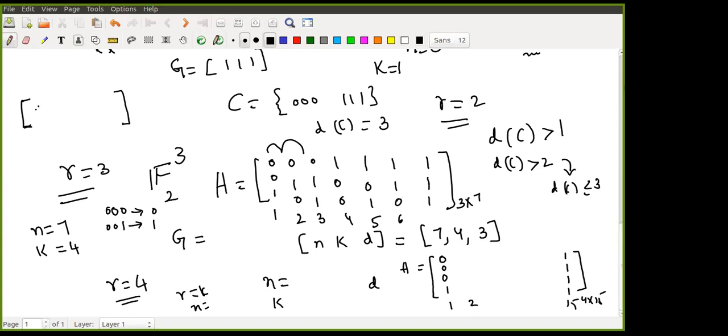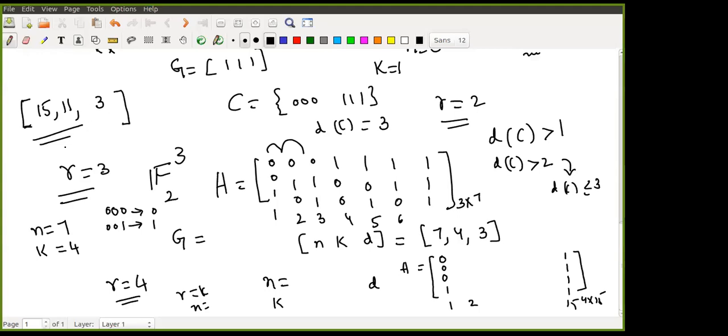And k is 11. Okay, sorry, I said k equal to 11. Yes, n equal to 15, k equal to 11, and then d equal to 3, correct. Good.